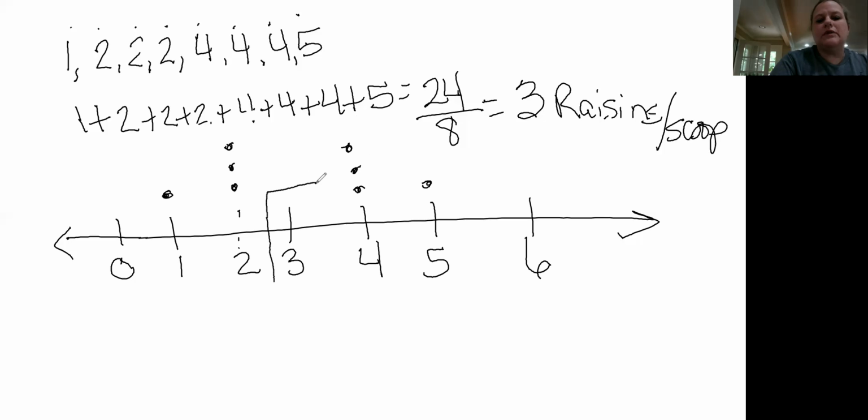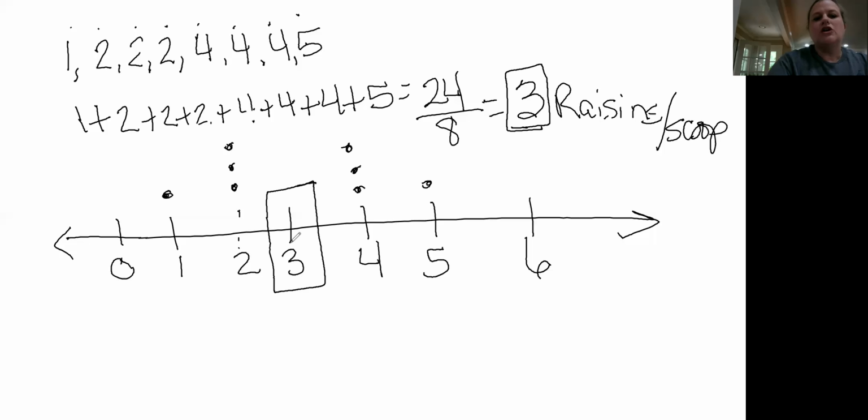So this is our mean right here because we decided 3 was the mean. And if you look at this information on the dot plot, it's easy to see that this is the middle, or the mean, because you've got 3 and 1, 3 and 1. It's just perfect right there in the middle.